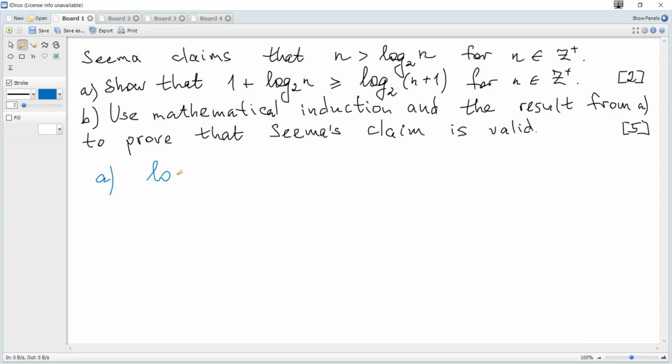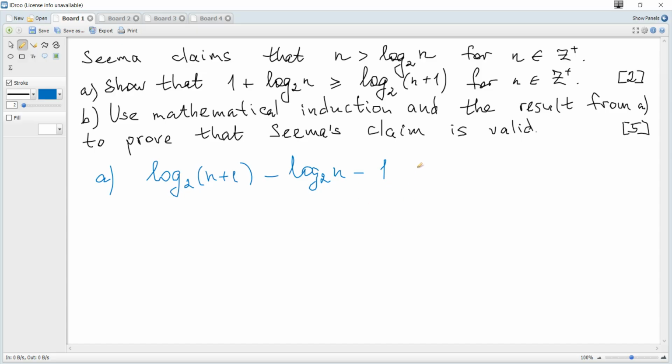So let's consider log to the base 2 of n plus 1 minus log to the base 2 of n minus 1, and show that it's less than or equal to 0. We can see that 1 is log to the base 2 of 2, and hence it can be rewritten as a single log, using properties of logs.